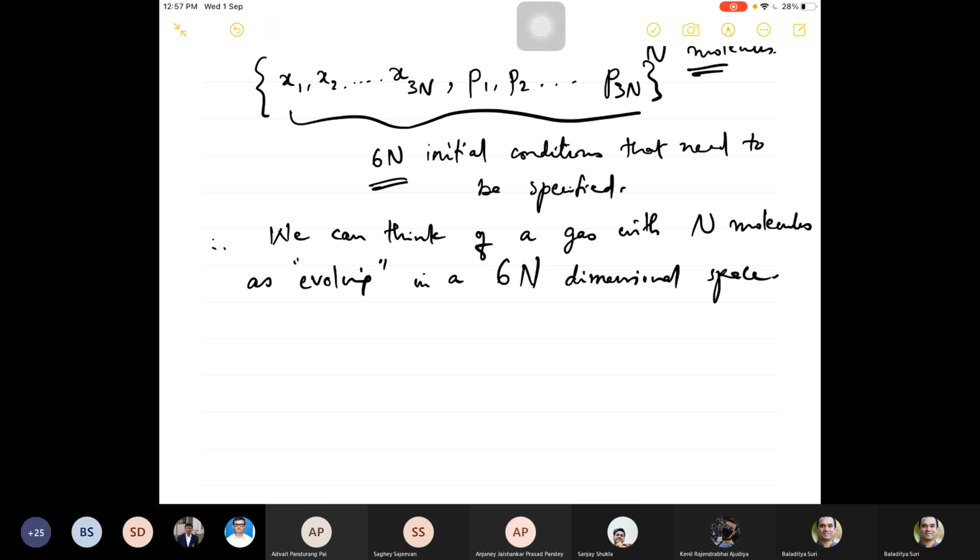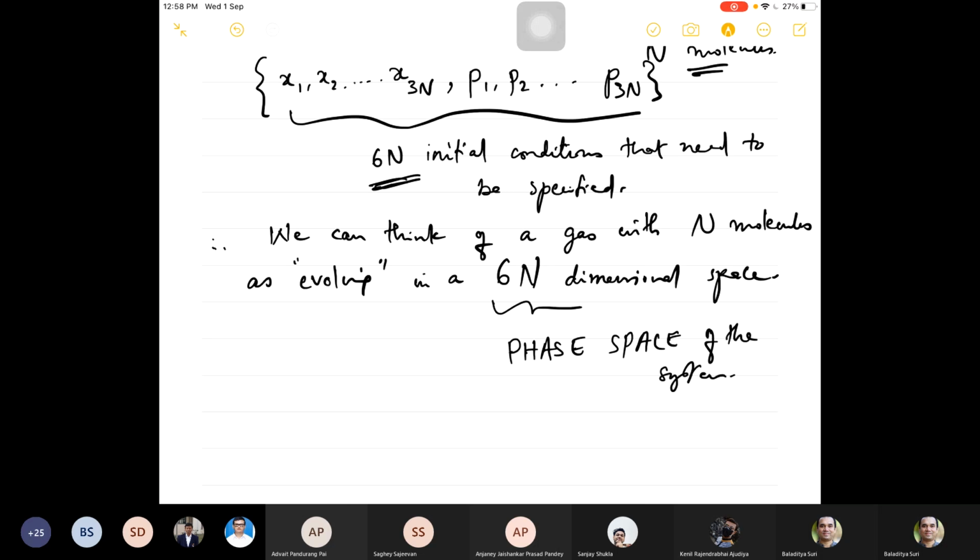Three dimensions is the physical space in which each gas molecule is moving. But if you look at the dynamical space of all n molecules, at every point you need to specify 6n values so that you can evolve the system, that is, solve the differential equation and go to the next point. So this 6n dimensional space is called the phase space of the system.